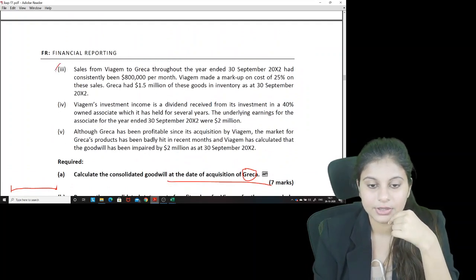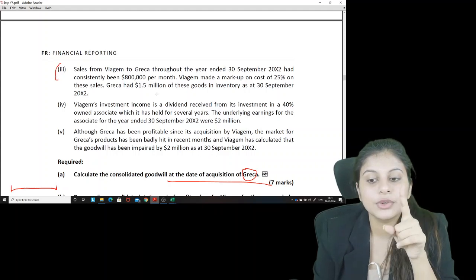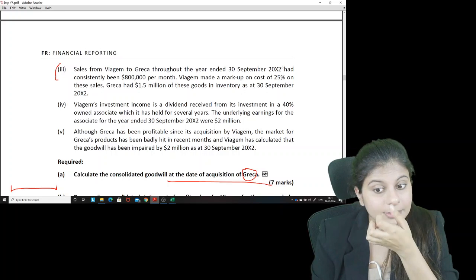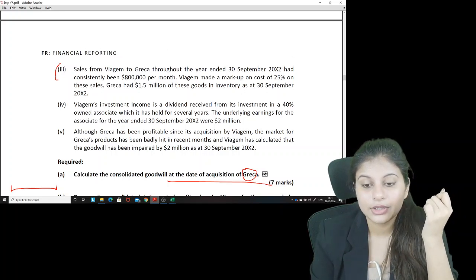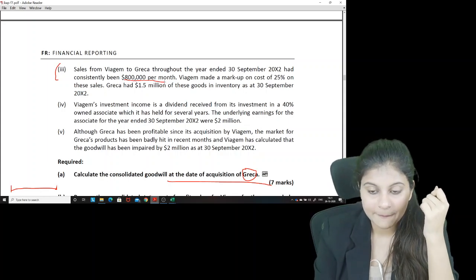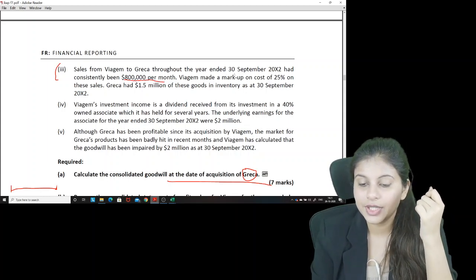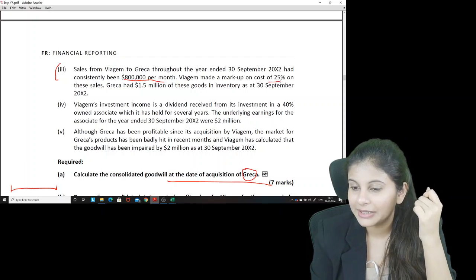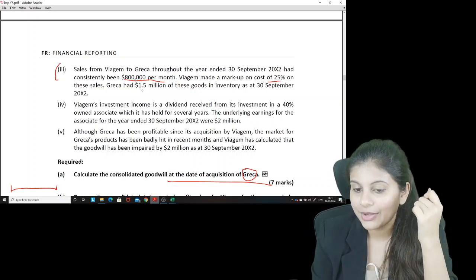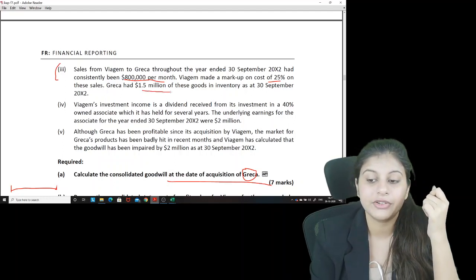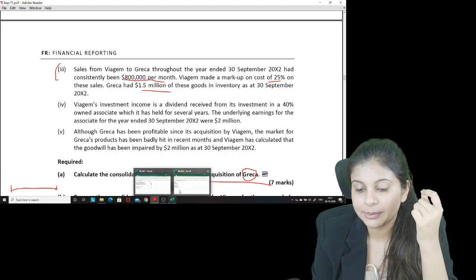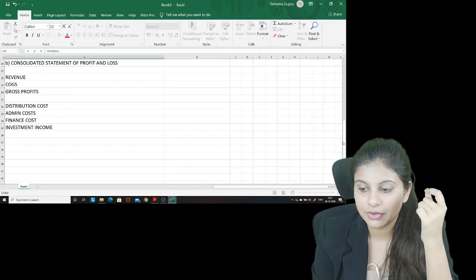Then the third additional information is sales from V to G. Okay, this is important. Sales from V to G throughout the year ended 30 September 2002 had consistently been 800,000 per month. And we made a markup on cost of 25% on these sales, and Gresa had 1.5 million of these goods in inventory at 30 September 2002. So let us calculate the PURP, provision for unrealized profit.